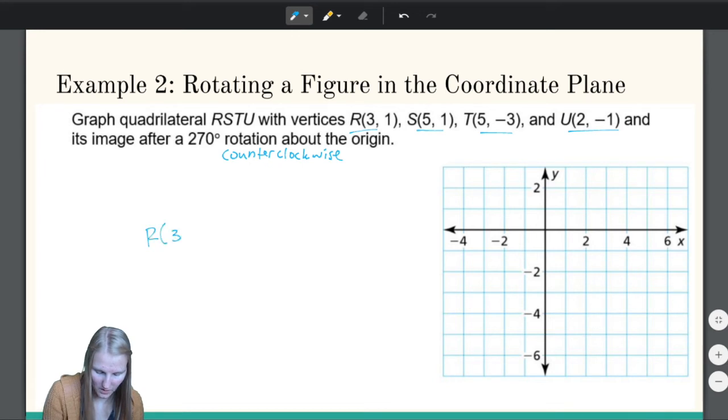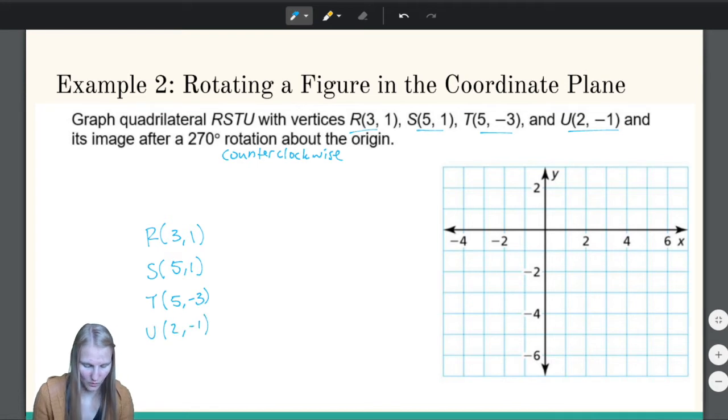We have R (3, 1), S (5, 1), T (5, -3), and U (2, -1). Let's graph these on the coordinate plane. (3, 1) is R, (5, 1) is S, (5, -3) is T, and (2, -1) is U. Connect the dots.